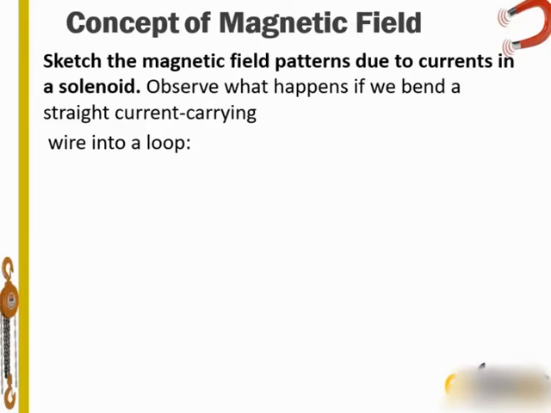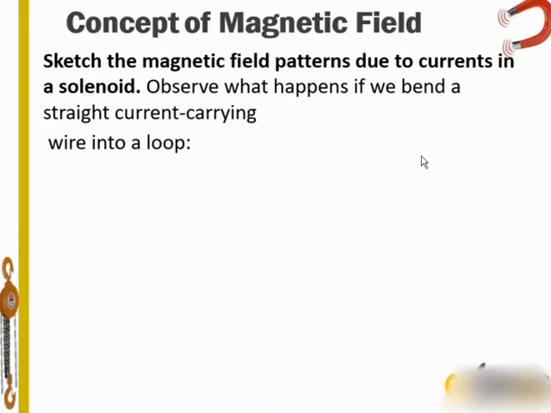So we've seen what the magnetic field pattern looks like for a straight single wire in which a current is flowing. Now let's see what a magnetic field pattern looks like for what's called a solenoid. A solenoid is essentially a coil of wire, and if you pass a current through a solenoid, then you generate a magnetic field.